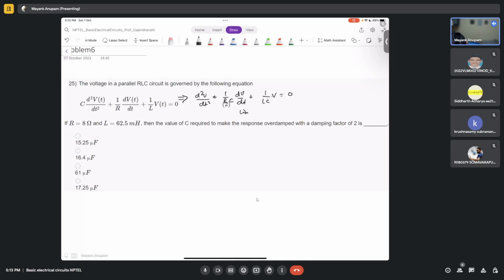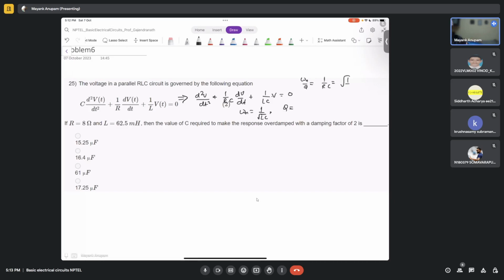So omega n is equal to 1 over root LC, and what is Q here? This is actually omega n upon Q is equal to 1 over RC.